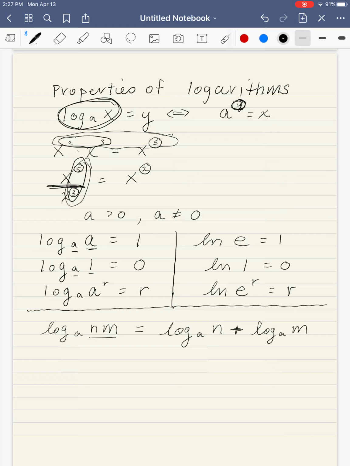So n times m becomes addition of two separate logarithms. I'd like for you to see if you can rewrite what this one would be equal to. Pause the video for a second and rewrite this one. And we see that this one, because we have division, is the logarithm base a of n minus the logarithm base a of m.